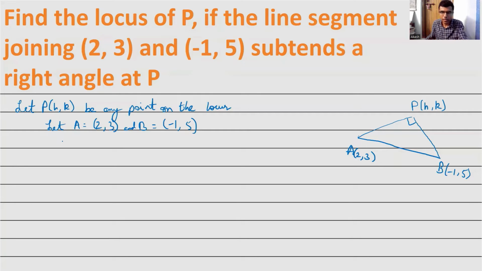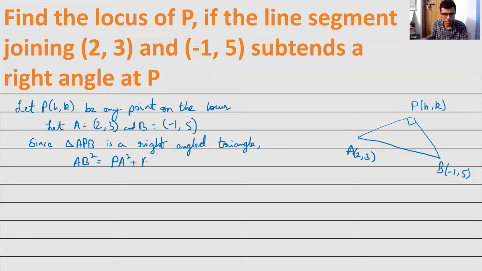Now since triangle APB is a right angle triangle, I told you, right? Hypotenuse square AB square is equal to AP square plus BP square, or PA square plus PB square, anything's fine.